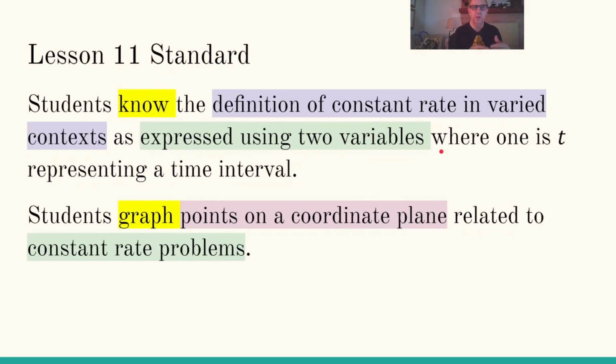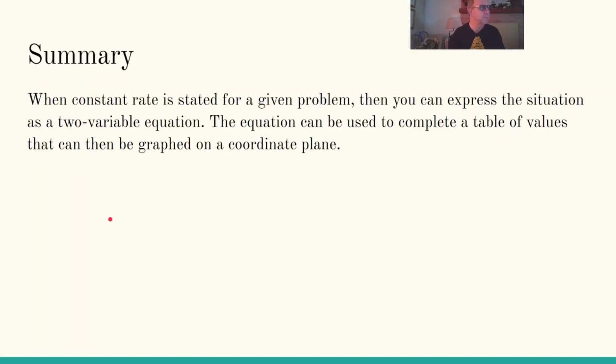Or if you see distance equals rate times time. We can graph each of those points on a coordinate plane, and those points will go up or down in a regular constant rate. If the constant rate is stated for a given problem, then you express the situation as a two-variable expression. y over x equals the constant, or distance equals the constant rate times the time.